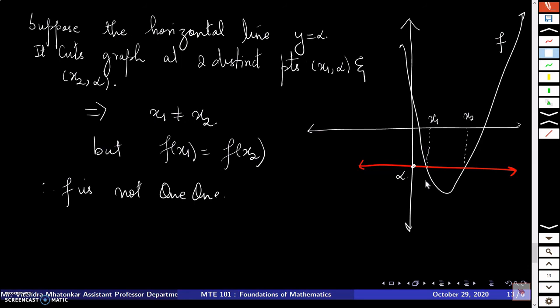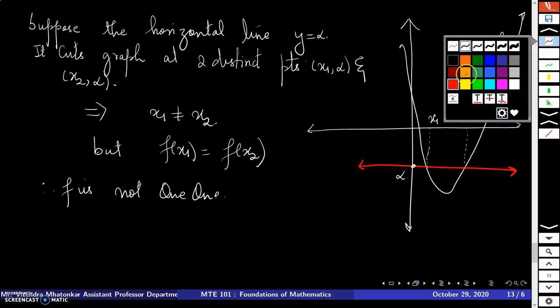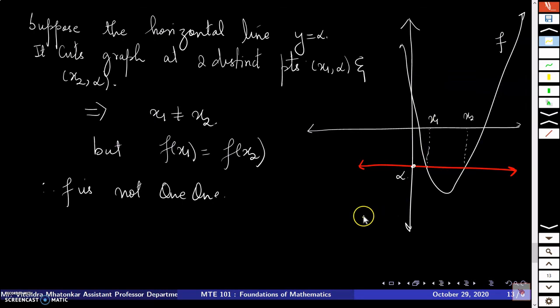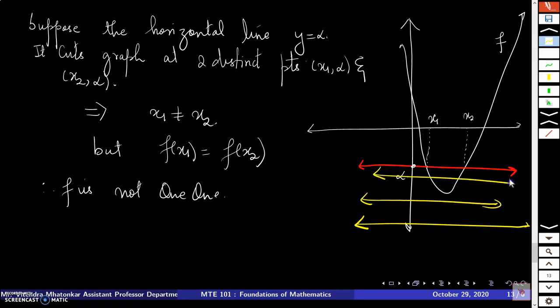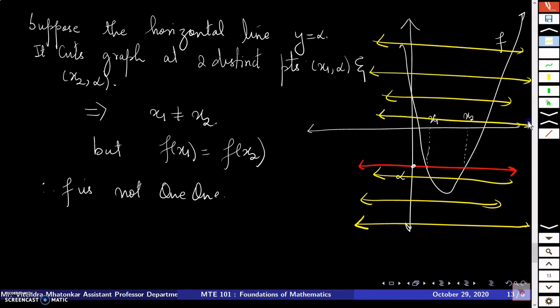Every horizontal line you pick up, no matter which horizontal line you pick up here, that should cut the graph at most once. Okay, it's okay if it doesn't cut. This line doesn't cut, that's okay. But no matter which horizontal line you pick up this way, no matter where, how far, how close, anywhere you like, you draw a horizontal line that should not cut the graph at more than 1 point.